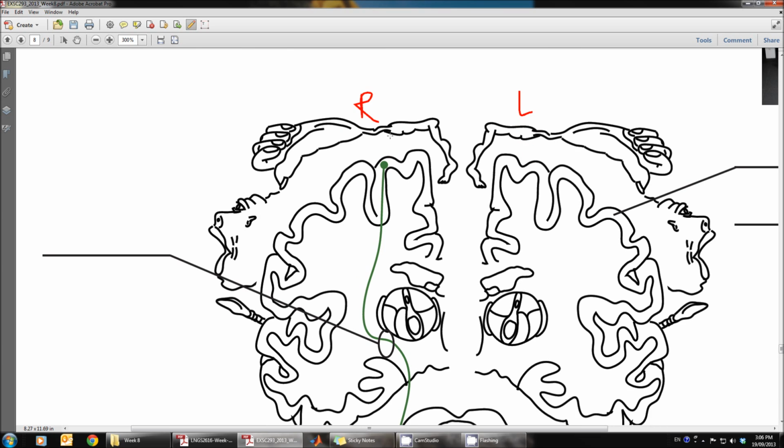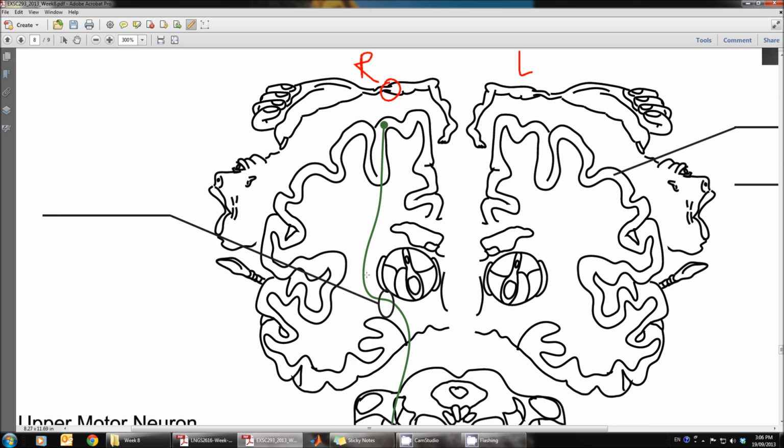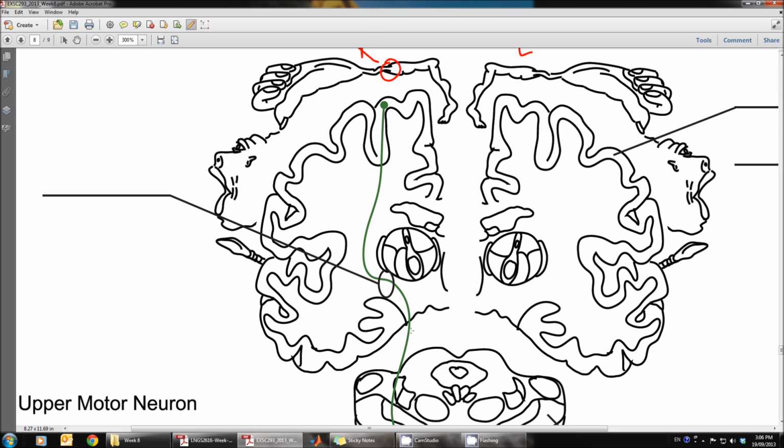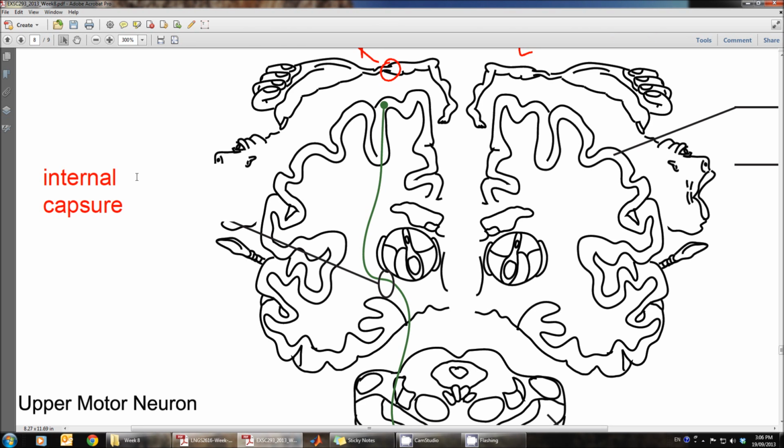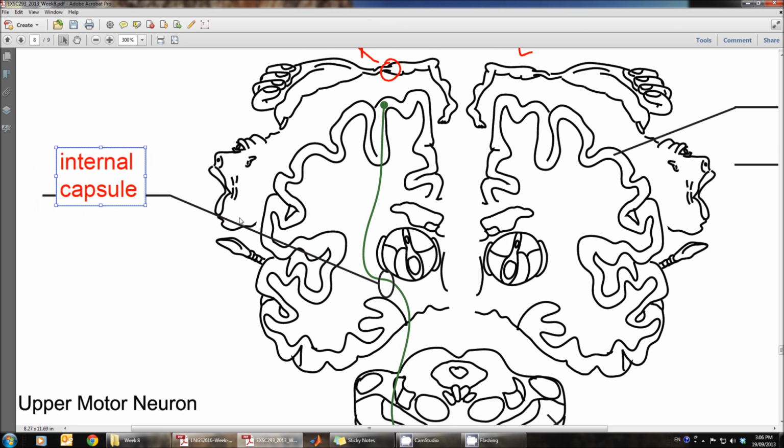The soma of the cell body is found near the homunculus, which controls the upper body, the chest area, and the axon goes through this tunnel called the internal capsule, same as the lateral corticospinal tract. That is an example of a projection fiber.